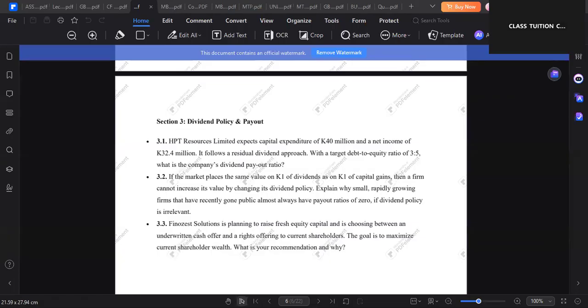Let's understand what the rights offer is first of all. We look at option 1 and option 2. What is involved in the rights offer and what is involved in the underwriting?